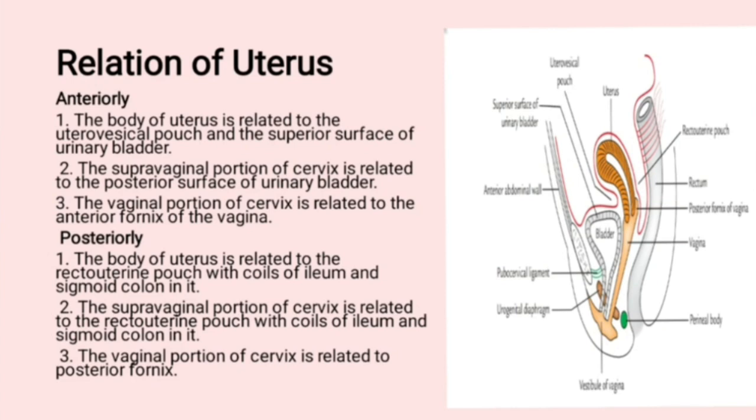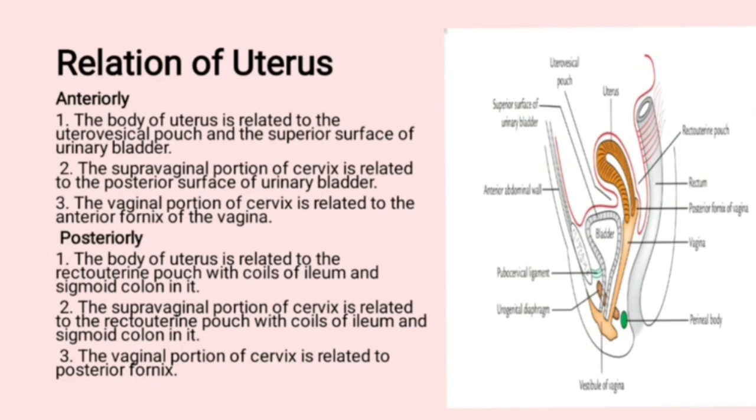Okay. Anteriorly, the body of the uterus is related to the uterovesical pouch and the superior surface of the urinary bladder. The supravaginal portion of the cervix is also related to the posterior surface of the urinary bladder. The vaginal portion of the cervix is related to the anterior fornix of the vagina.